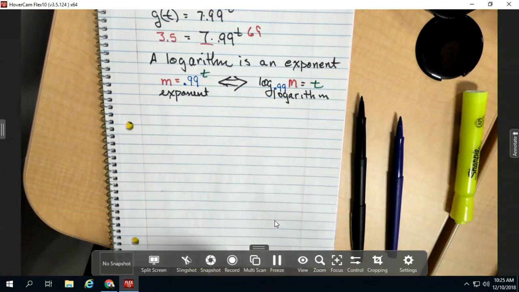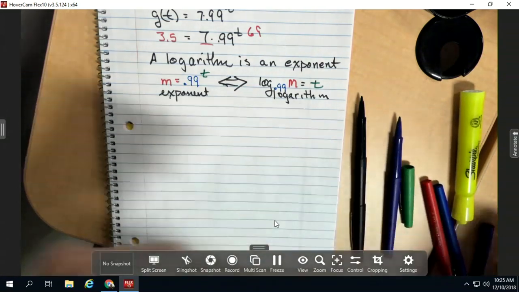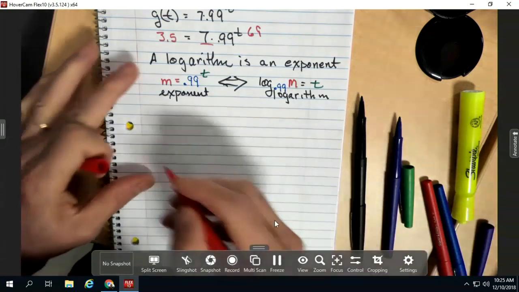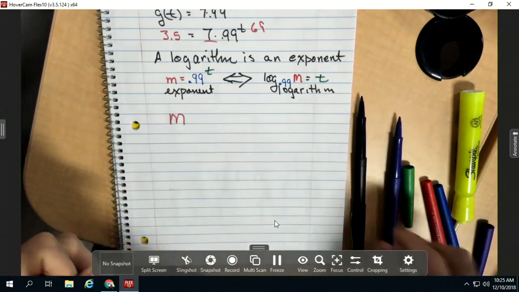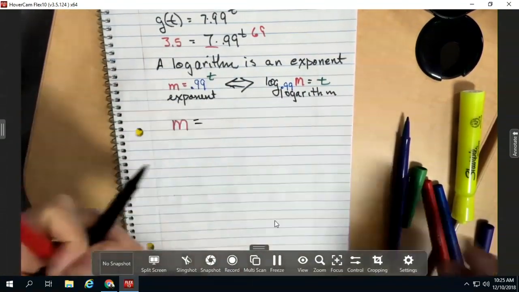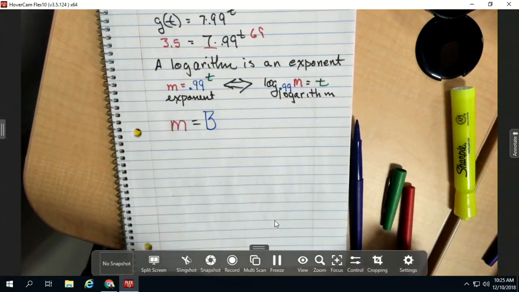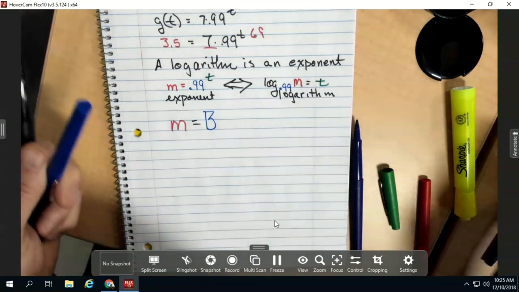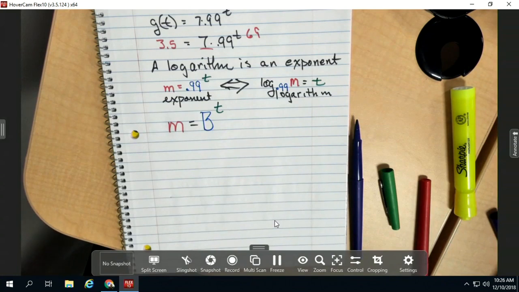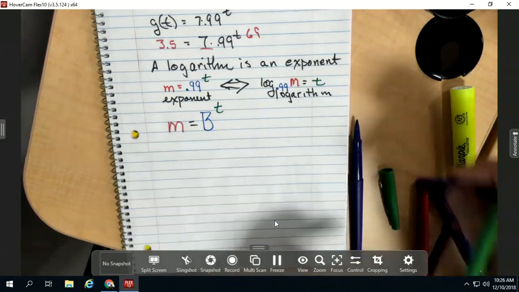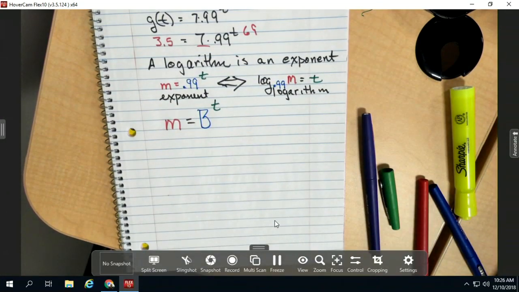So let's do a more general form. If you have a number m, and you're going to say that is equal to some base to some exponent, and I like using t as the exponent because most exponential functions are based on time. Like for instance, the amount of money you have in the bank is based on the amount of time that it's there.